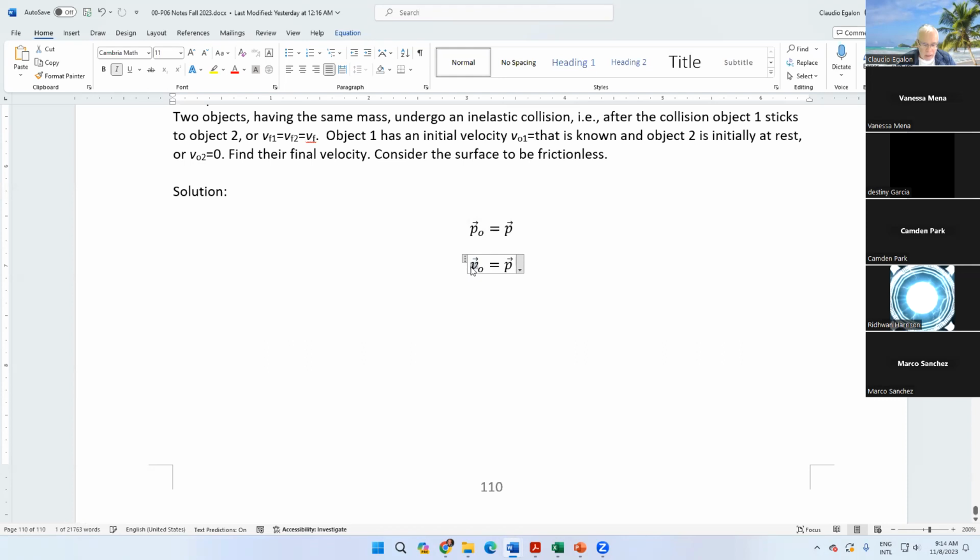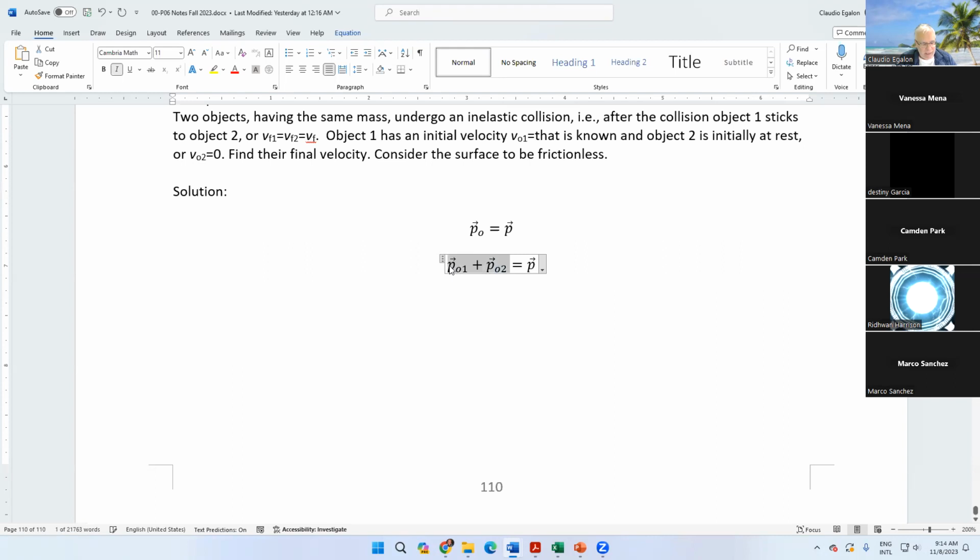My P initial is going to be the P initial of object one plus the initial linear momentum of object number two.